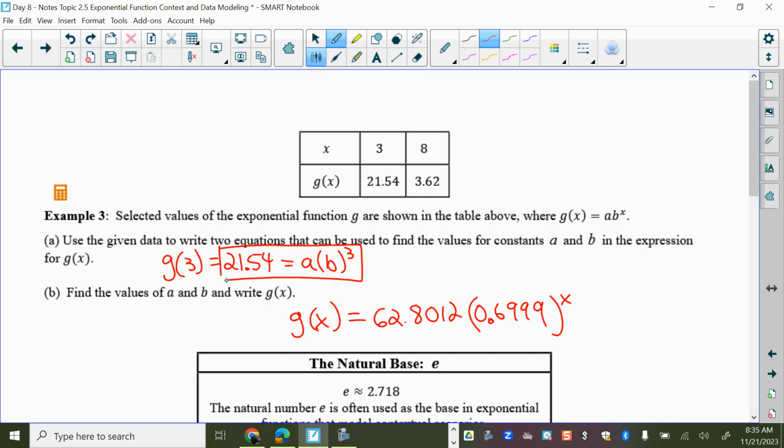Another equation is that g of 8 is 3.62. So 3.62 should be equal to A times B to the 8. So these are two equations involving the information I know. This produces that, 3 produces 21.54. That's a system of equations that you're solving in a way.